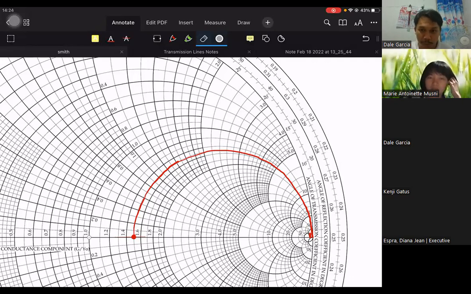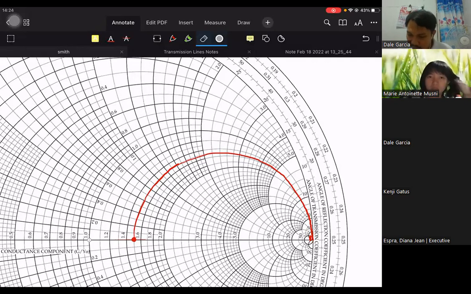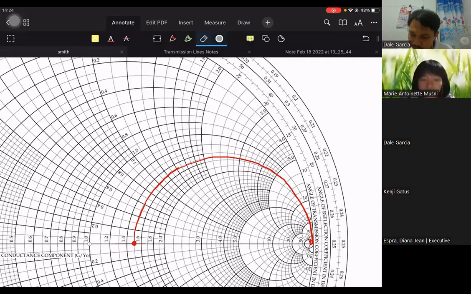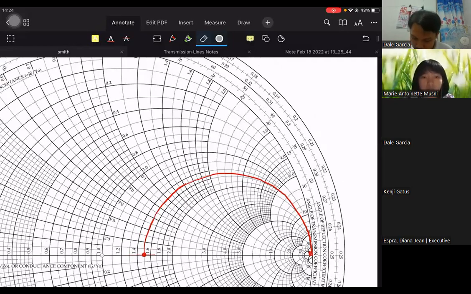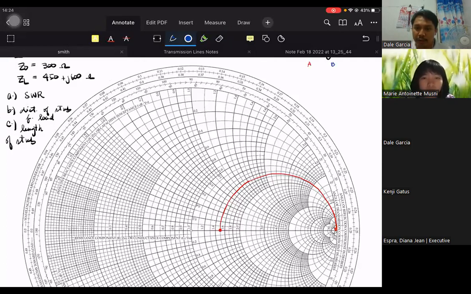Asa makita ang 2, no? 2. It lies sa circumference, no? Diha. So pangitaon na nato diha ang 2 sa circumference. Positive 2.